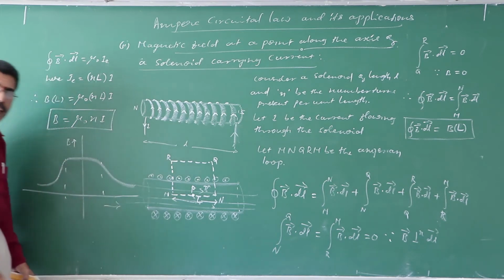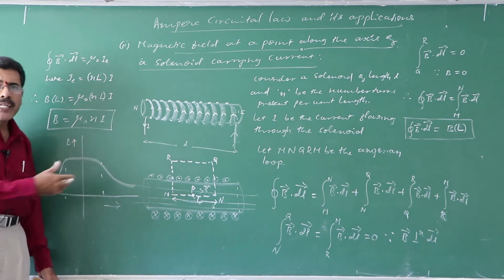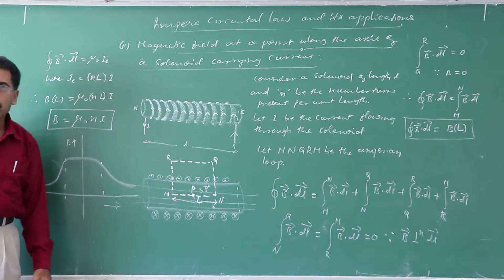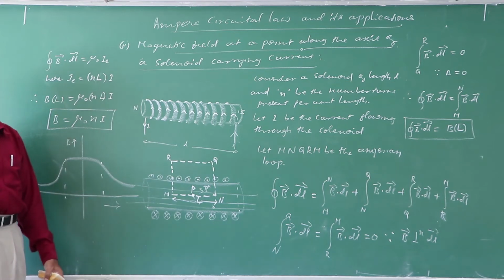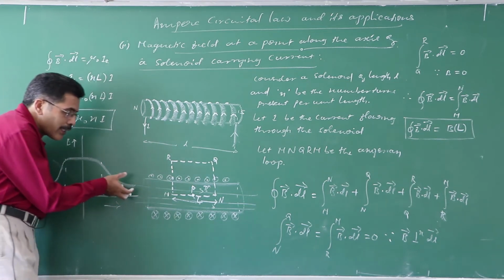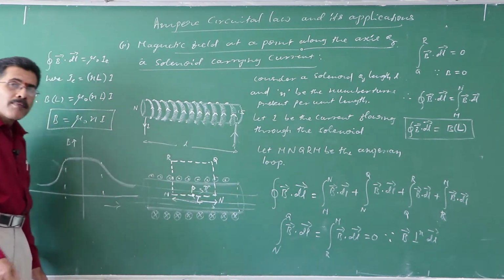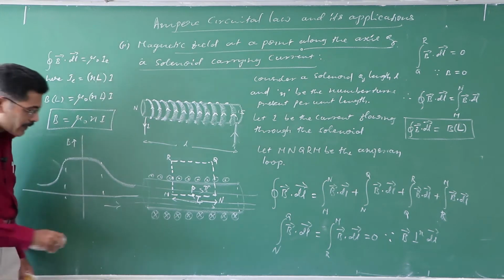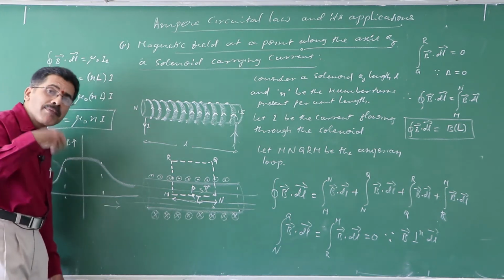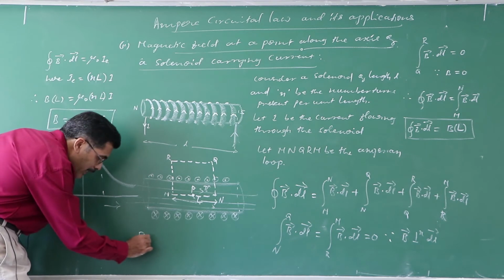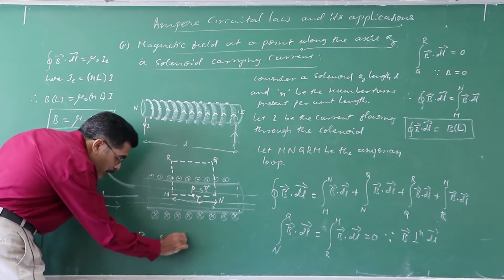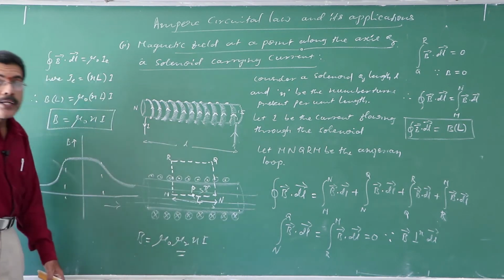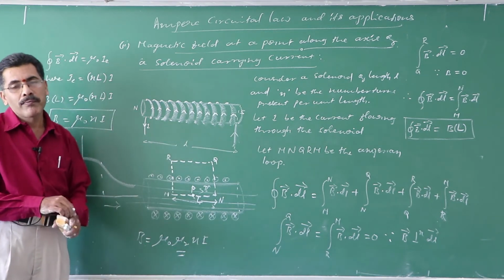Suppose you keep any material like iron, a ferromagnetic material like iron, nickel, cobalt, etc., they get magnetized. Therefore, if the space inside the solenoid is filled with iron wires of relative permeability mu r, then the magnetic field is given by mu naught into mu r into n into I, where mu r is called the relative permeability of the medium.